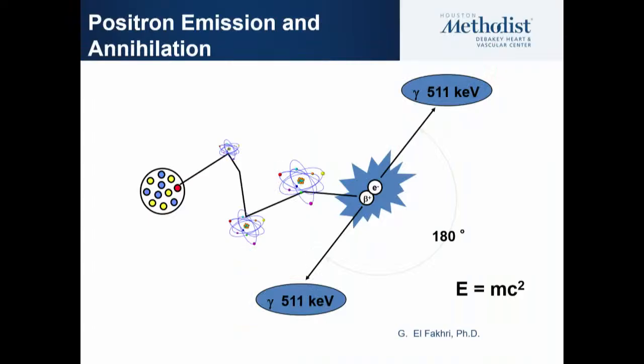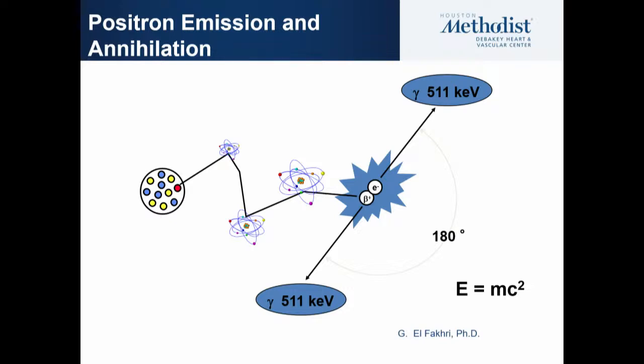So when we inject a radio tracer for PET, what happens is that the positron will move depending on the energy that you see here, and then it annihilates with an electron. So while in SPECT it's only 1 photon going to the detector, now you have 2 photons that are going against each other, and one is going to hit on one end, the other is going to be 180 degrees.